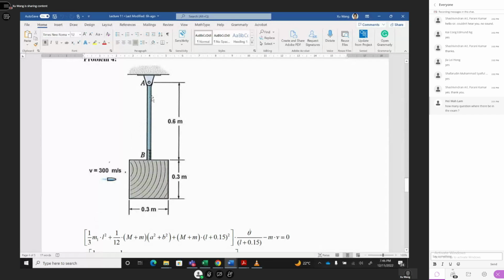Also, you can do it this way: the rotational inertia equals the center of gravity rotational inertia, which is 1/12 m L square, plus m1 times the distance from the center of gravity to the rotation center, half of L squared, which is 1/4. 1/4 is 3 divided by 12, plus 1 divided by 12 for the center of gravity is 4 divided by 12, which is 1/3. That's why it is 1/3 m1 L square.